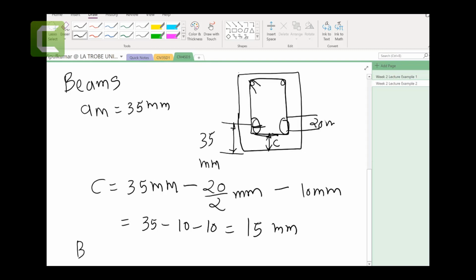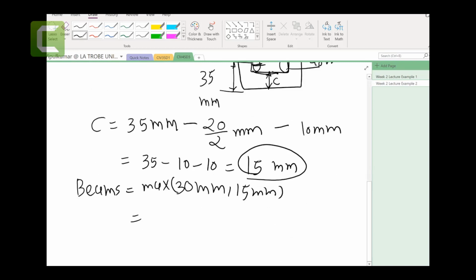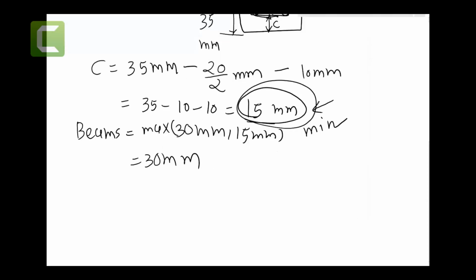So for beams, we might say that we can take maximum of, but if you are just asking for fire, you just need 15. But for completeness, 30 millimeters, 15 millimeters, we can specify 30 millimeters for beams. But for fire, if someone specifically asks, that is the minimum cover that you need to protect your beam for 120 minute fire resistance level.